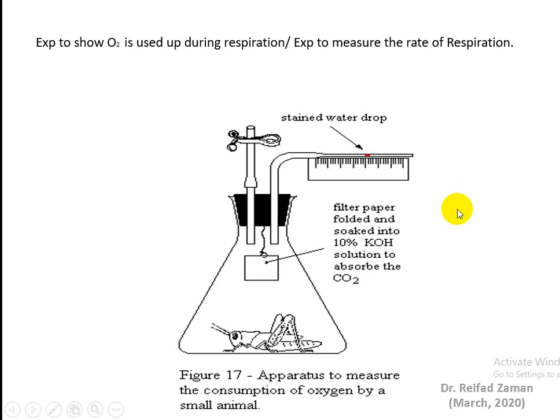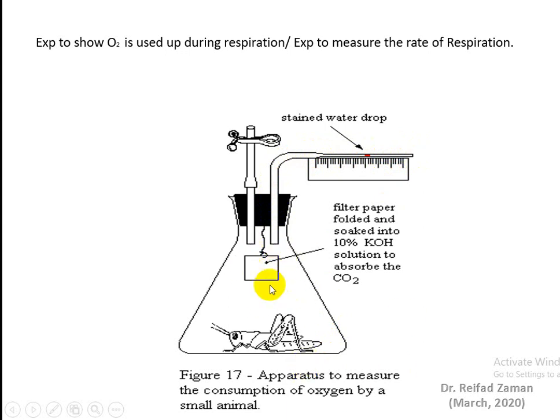Here is another experiment. This experiment will demonstrate that oxygen is used up during respiration. Here in this experiment, we are placing an insect inside a conical flask. This is an airtight chamber. However, there is a delivery tube or delivery pipe attached to the apparatus.